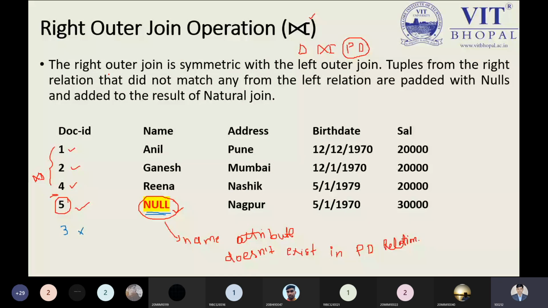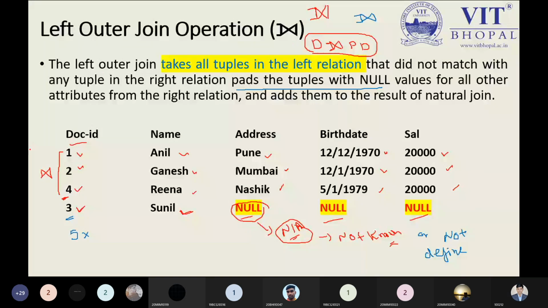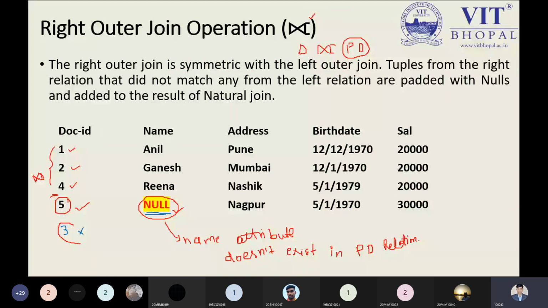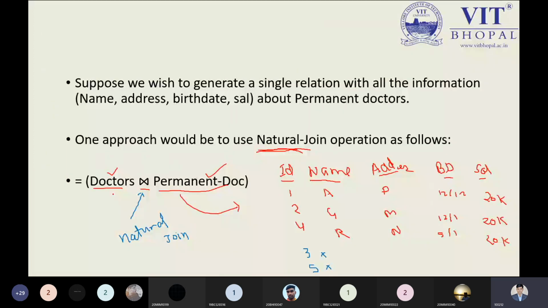No. In the left and right outer join, you have observed two things. If I'm using the left outer join, then I'm not using this ID. If I'm using the right outer join, then I'm not using this ID. Why are we using the outer join? Because we do not want to lose our information.